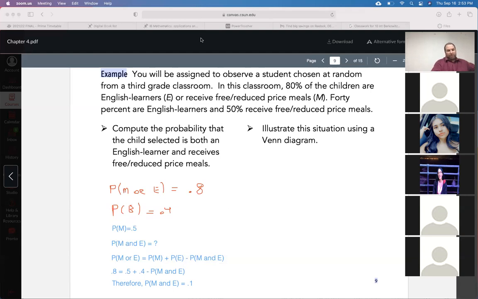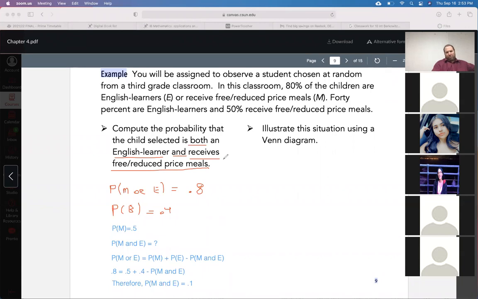Let's look at what they're looking for here. Compute the probability that the child selected is both an English learner and receives free reduced price meals. I want to be in both E and M. So for probability of B, what does your B stand for? I thought the B stood for both. That's why I was confused.